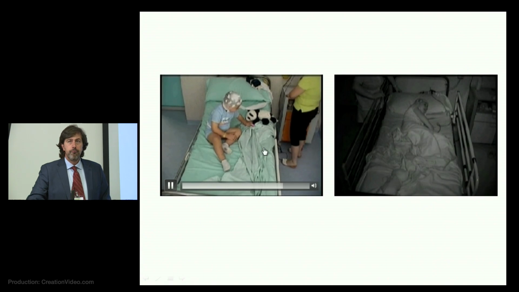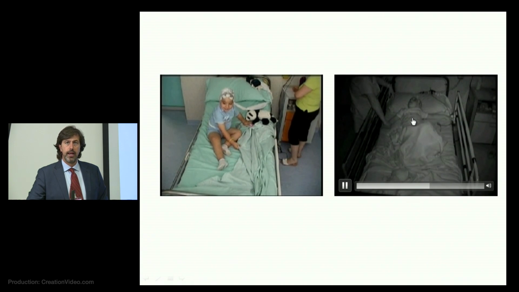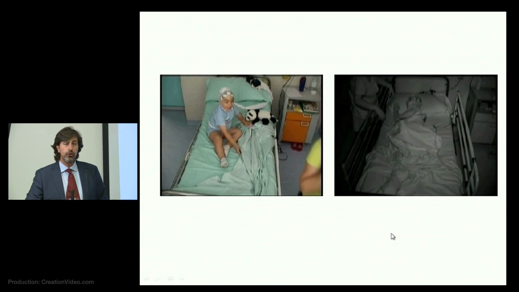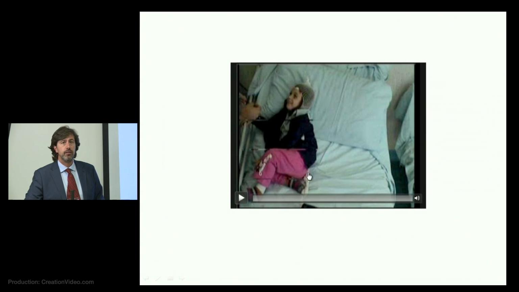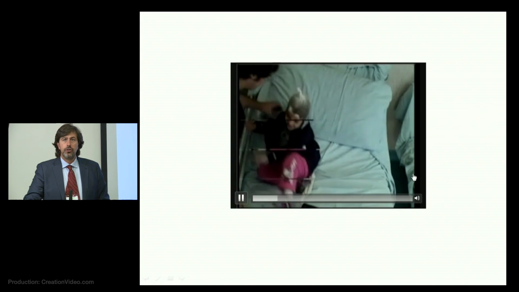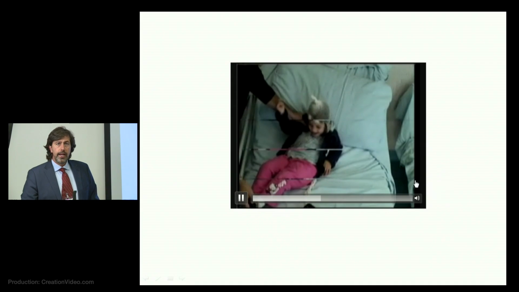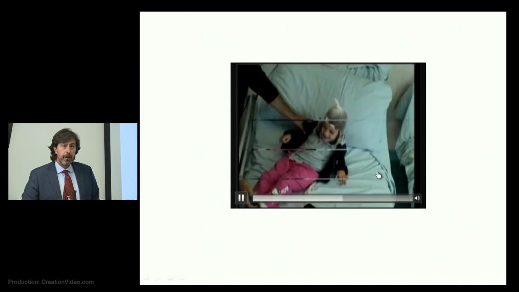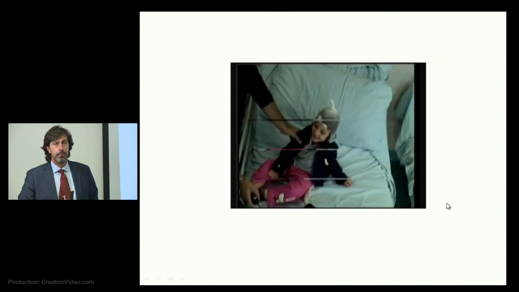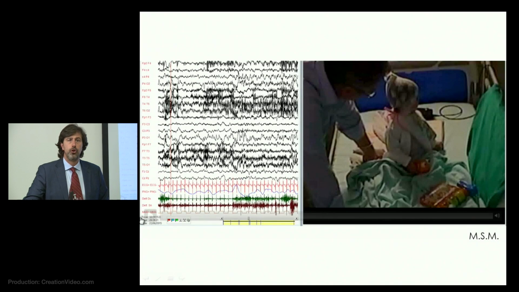Seizures are brief, and you can see here during the night again a very, very similar event, multiple per day in these patients. This other child is again presenting another event, quite well stereotyped compared with the child that we saw before.